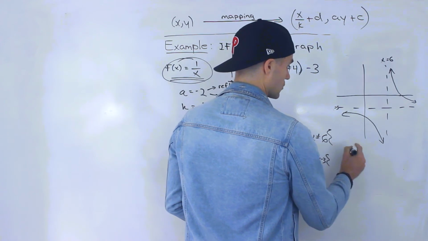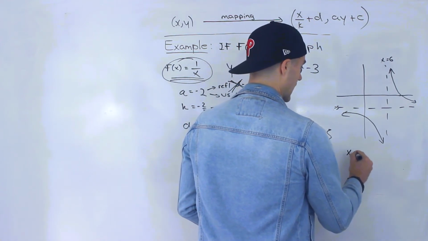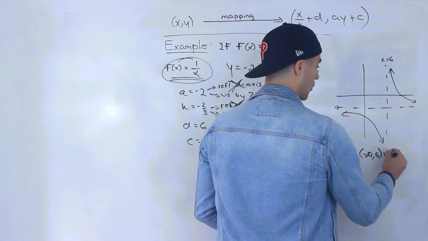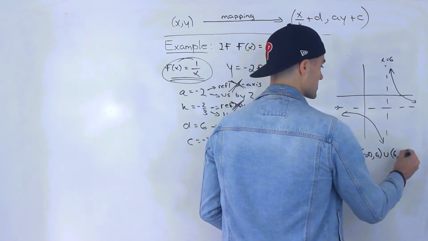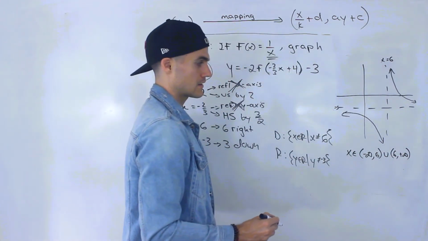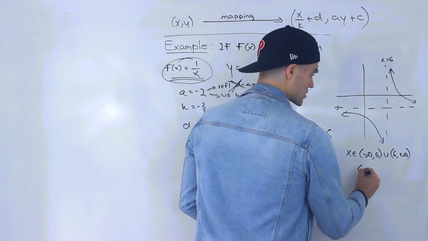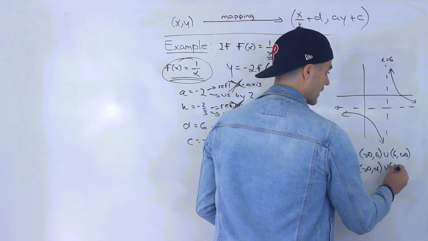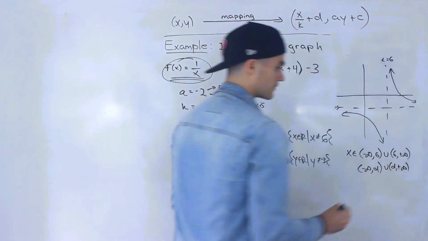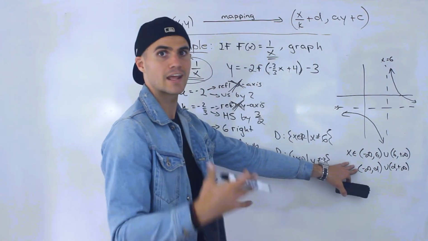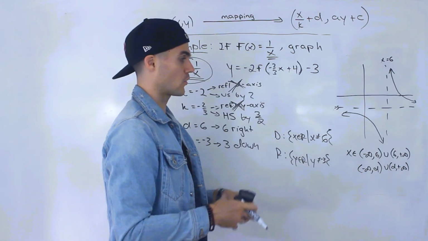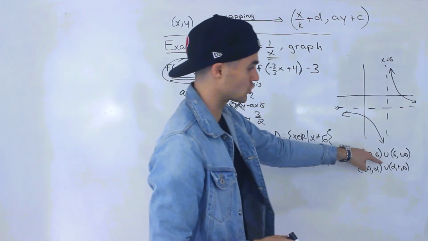And then if we show it in a different format, the domain would be x as an element from -infinity to 6, or from 6 to +infinity, like that. And in general, it would just be from -infinity to the d value, or from the d value to +infinity. That's always going to be the domain in interval notation for a 1 over x transformed graph, and it's round brackets here.